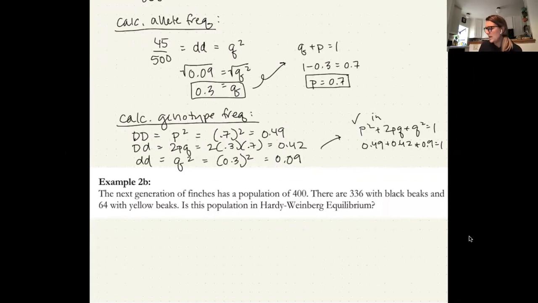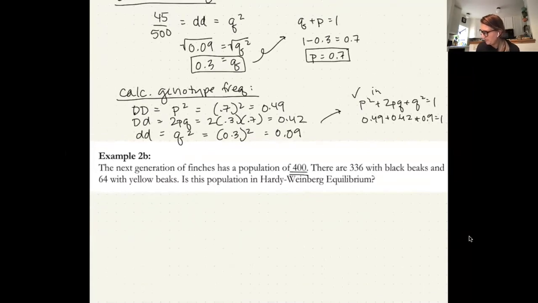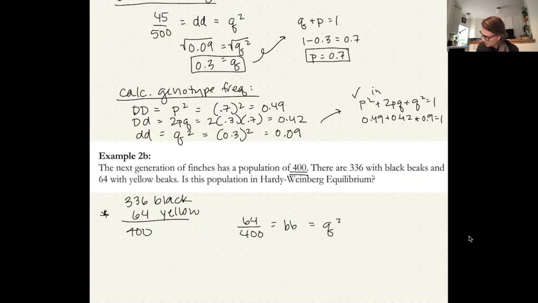All right, so the next generation of finches has a population of 400, and there are 336 black beaked, and we have 64 yellow beaks, right, for a total of 400. So again, we're always going to use our homozygous recessive phenotype. So we know that 64 over 400 is going to be our homozygous recessive phenotype, which would be Q squared.